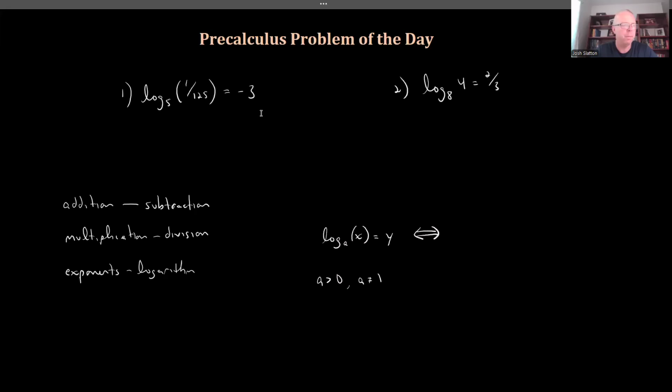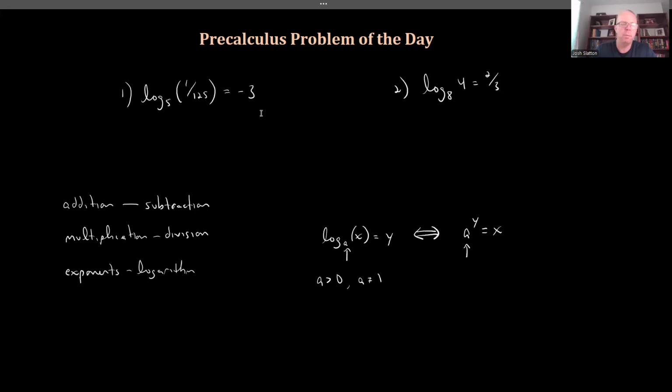And we call a here the base. You probably already know, because we've been talking about exponential functions, that in a to the y, the a is called the base. So the base is the base.